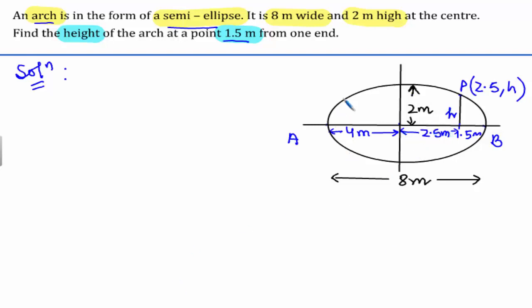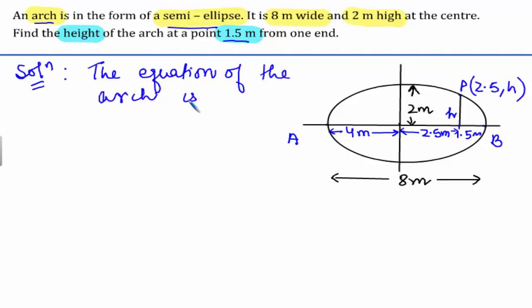Now since the arch is in the form of a semi-ellipse, the equation of the arch can be taken as x square divided by a square plus y square divided by b square is equal to 1.